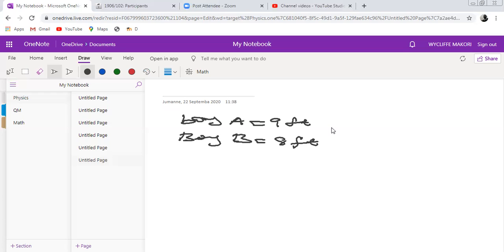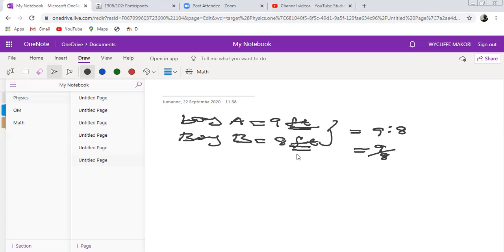In ratio form, it is going to be 9 is to 8, which can also be written as 9 over 8 in fraction form. But I want you to remember that when we are working with ratios, the two quantities must be of the same kind.